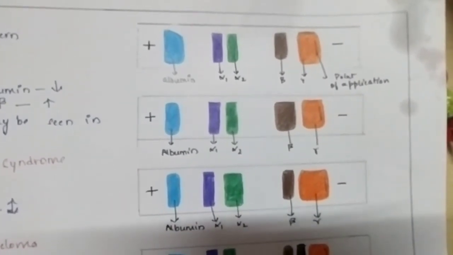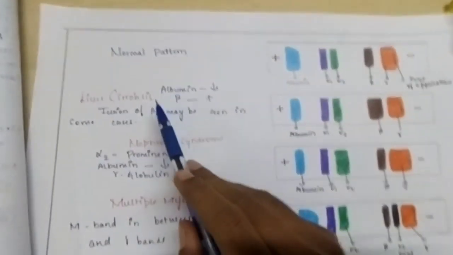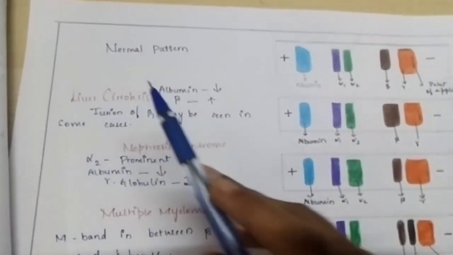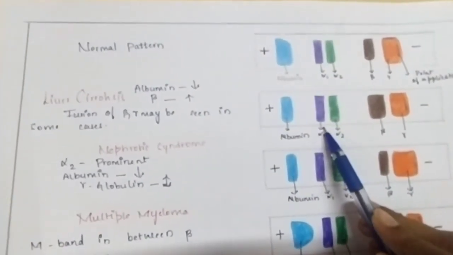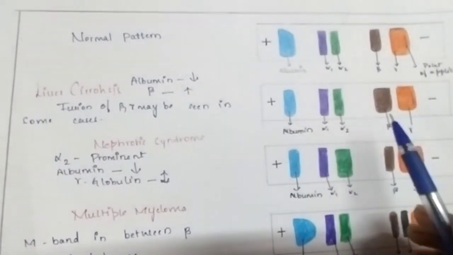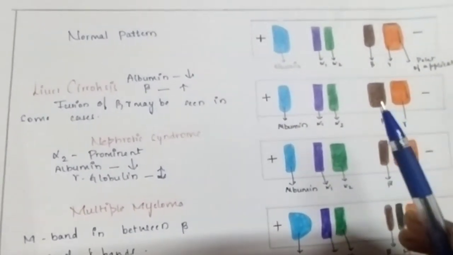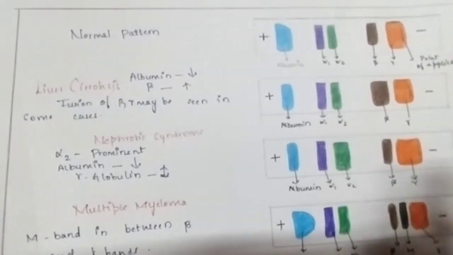The clinical manifestations could be determined through these. They are like liver cirrhosis, in which albumin decreases and beta increases. In rare cases, beta and gamma may be seen in cases of fusion.